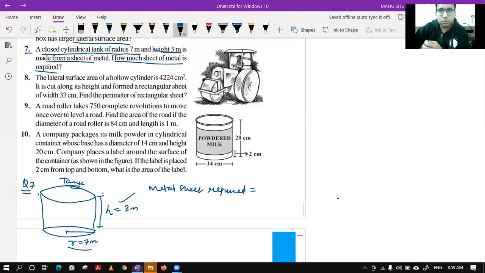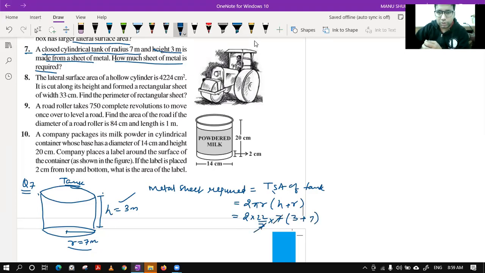is equal to TSA of tank, and the formula will be 2πr(h + r). Just put the values, 2 into 22 by 7 into r, that is 7, into h plus r, h is 3, r is 7 again.